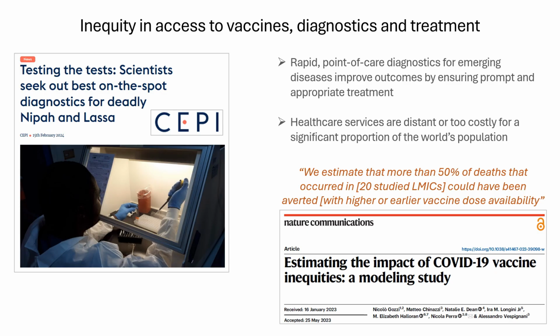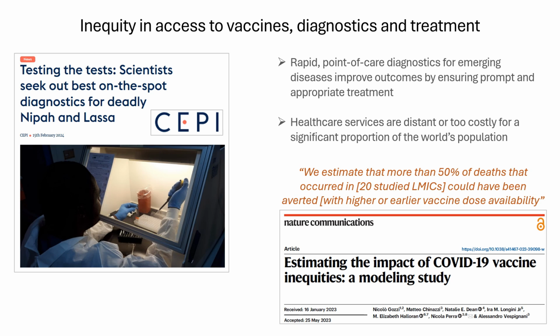But I do want to focus on one in particular because it came up so much during the pandemic, right? Which is health systems: access to high quality healthcare and the right kinds of healthcare products to reduce risks. So access to vaccinations and point of care diagnostics for emerging diseases are both really, really important, right? Point of care diagnostics can help to ensure prompt and appropriate treatment for infections that are more likely to respond positively to treatment if they're caught early, right?